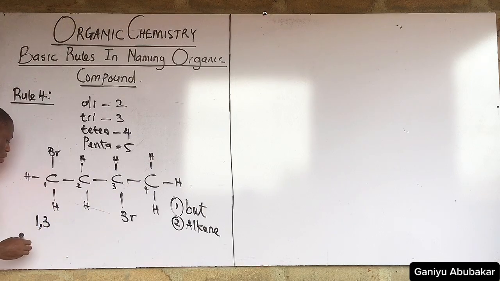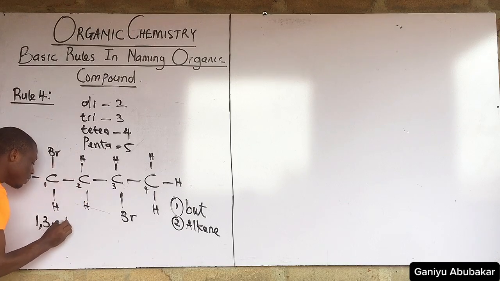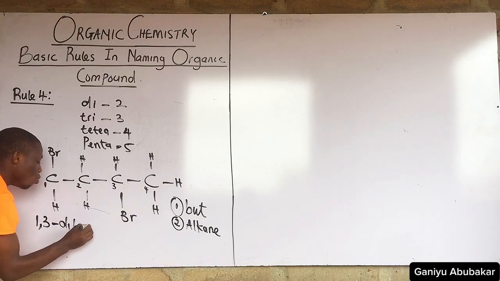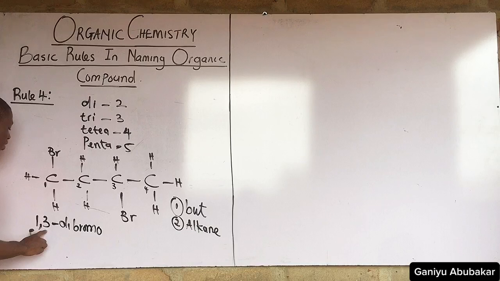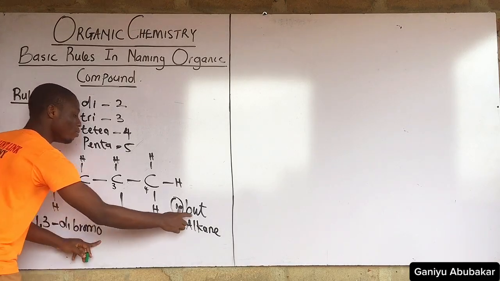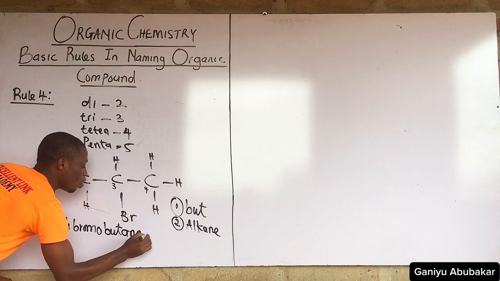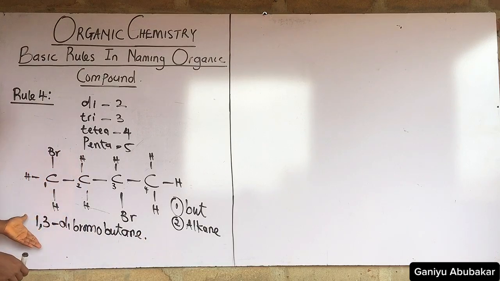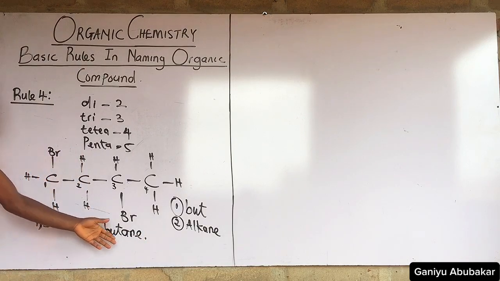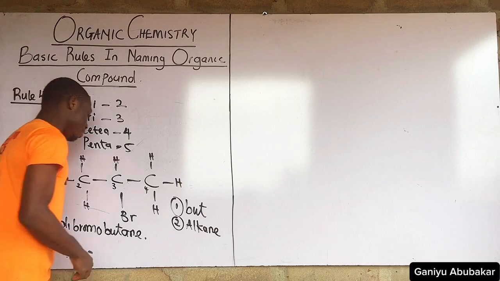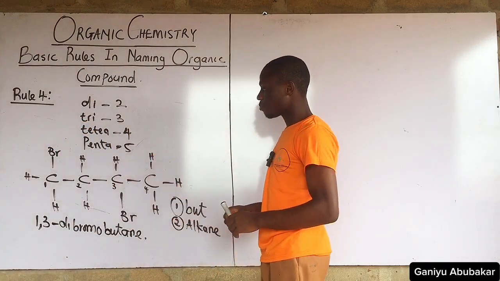That is 1 bromine, 2 bromine, which becomes dibromo. So this becomes 1,3-dibromo. Next up, butane. So the name of this compound is 1,3-dibromobutane.